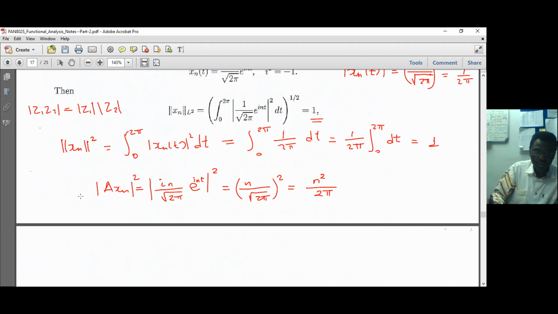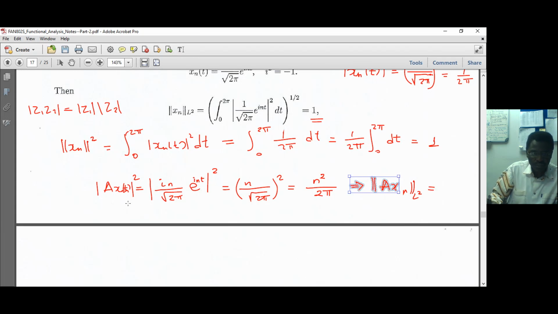Now, if you want the two norm, I will integrate and take the square root. So this will imply the two norm of xn, okay, there is t here inside, right?